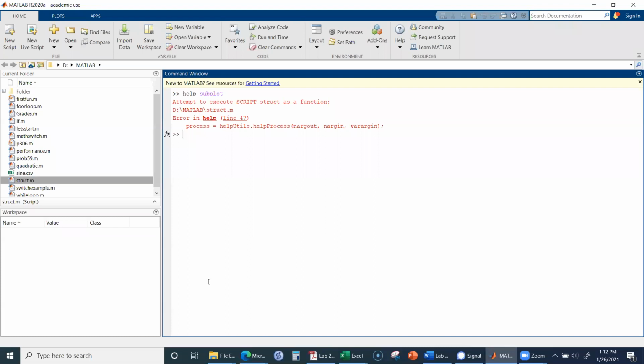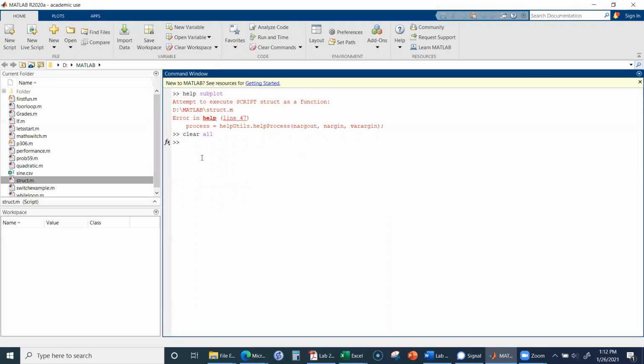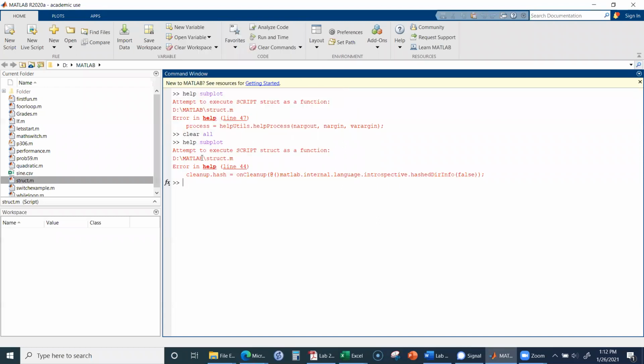It will provide the help for subplot. Okay, maybe clear all. And now I put help subplot. Anyway, if you want to take help for any function, for example, help plot.